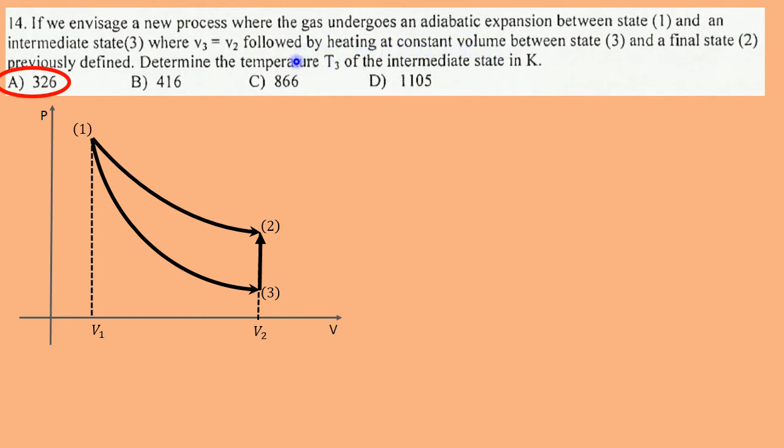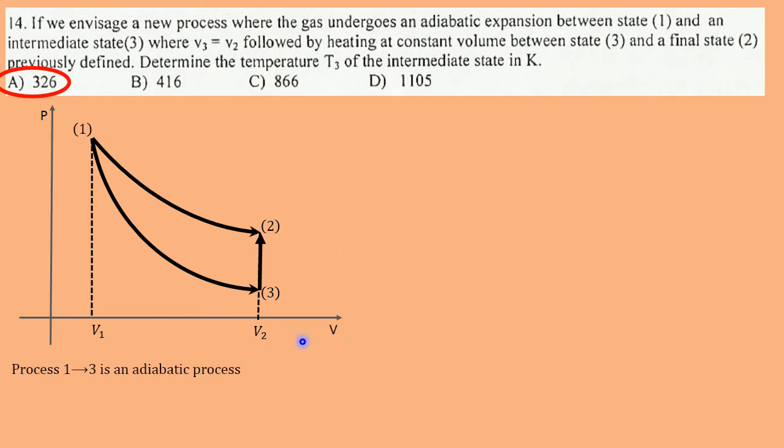So you can see that we're told that heating at constant volume between state 3 and state 2. So you see, when you're at constant volume and you heat, the gas molecules try to expand and the pressure increases. So that's why you have state 3 below state 2 to indicate that when heating is done at state 3, there's going to be a pressure increase, and that goes to state 2. So that's the diagram of all the processes mentioned.